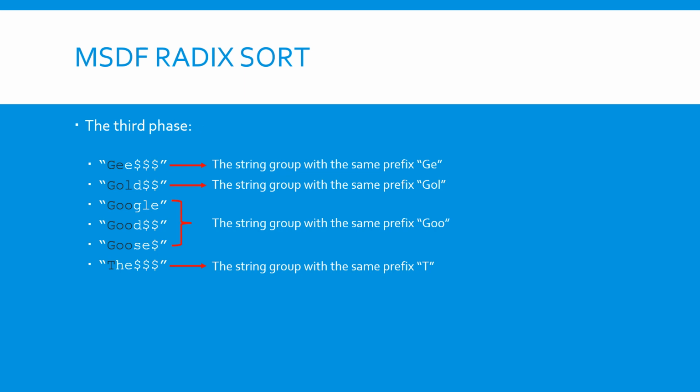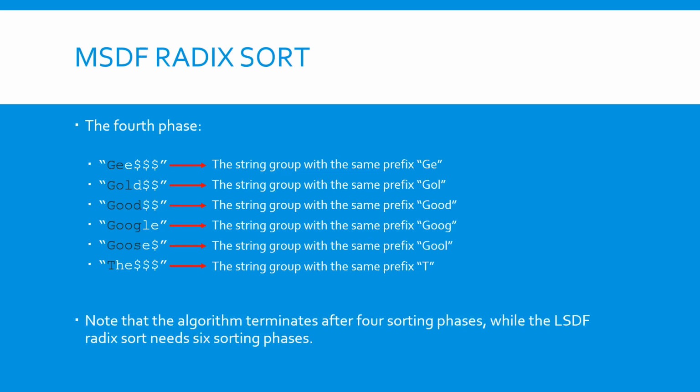We can see that it further divides strings sharing the prefix GO into strings sharing the prefix GOL and strings sharing the prefix GOO. At last, with the fourth sorting phase, all resulting string groups contain only one string. At this point, we can terminate the sorting. Recall that compared to the LSDF Radix sort algorithm, the MSDF Radix sort algorithm terminates after 4 sorting phases.